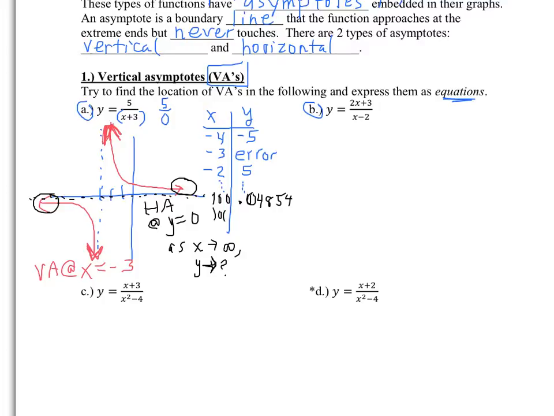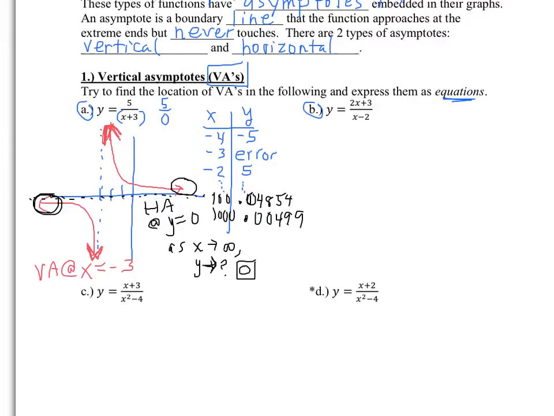Try putting in 1,000 for x. Again, go to your table set and start it at 1,000. Well, this is going to give you a number even closer to 0. 0.00499. So the idea there is as x gets really, really big, y appears to be approaching 0. Same thing on the other end here.